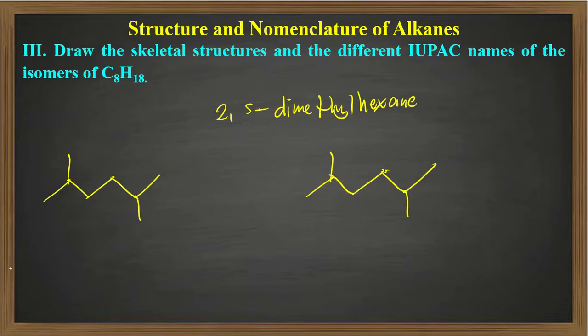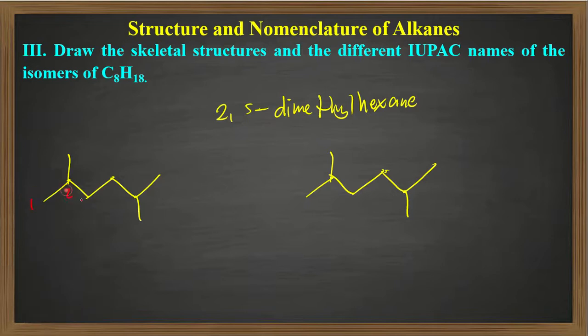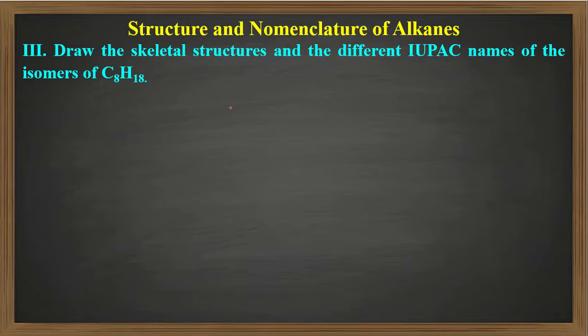They are the same. Wherever you start your carbon number 1, 2, 3, 4, 5, 6. 1, 2, 3, 4, 5, and then we have 6 here. That's still another isomer of C8H18. And then we can move the two methyls to carbon number 3. So we have here 3,3-dimethyl.